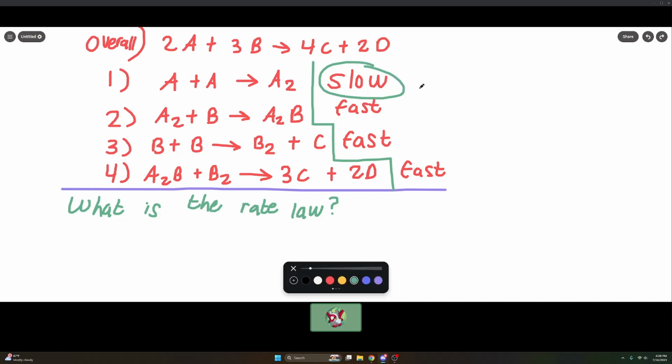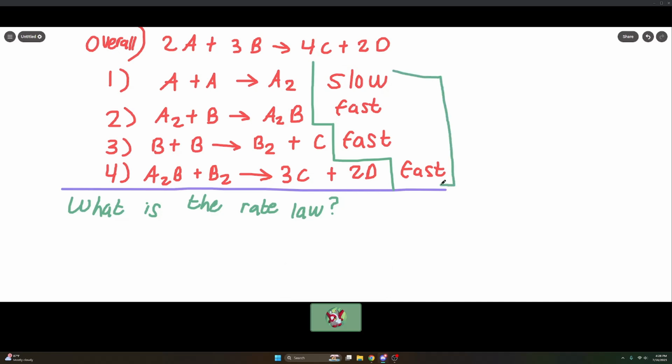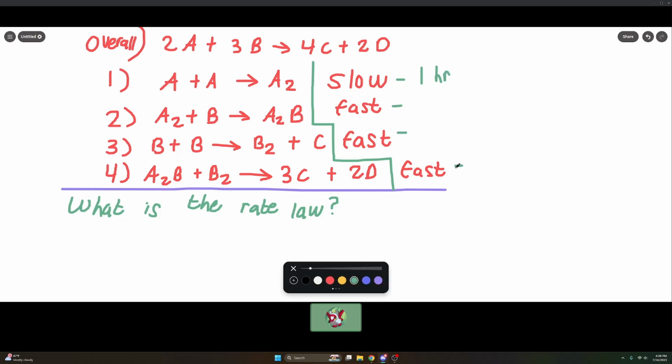Well, let's imagine for a second that this was like a 4-legged race in, I don't know, track and field. And step 1 is not our fastest racer. Homie takes an entire hour to complete the race. Steps 2, 3, and 4 are all on one and can finish in 2 seconds. Maybe this one's 4 seconds.